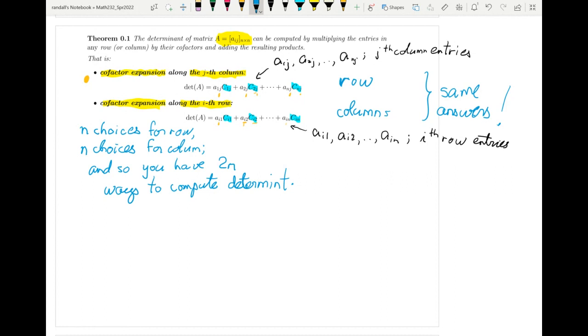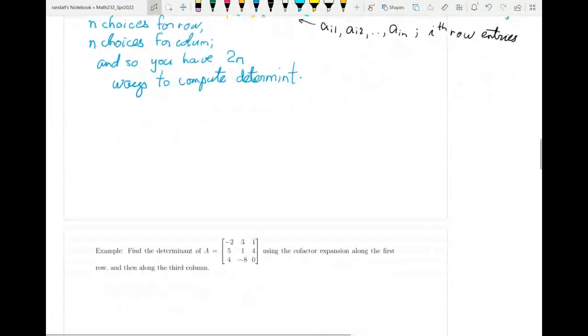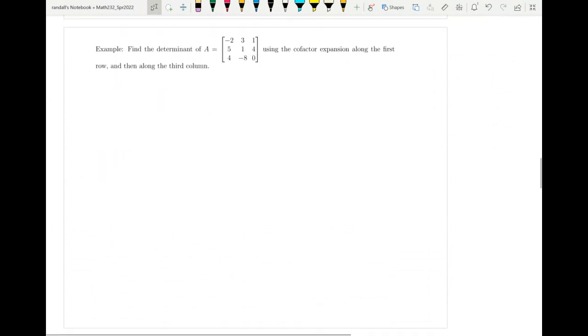Okay, so let's do an example of a larger matrix, and I'll compute it several ways, and you will see the answer coming out the same. That's a theorem, that the answer is the same. So here's a 3 by 3 matrix. They're asking us to do it along the first row and then the third column.